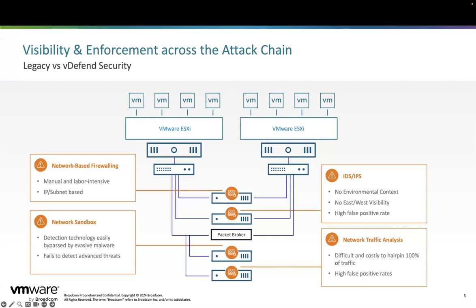And then finally, network traffic analysis, again using physical devices, is often difficult and costly to hairpin 100% of the traffic. So it's not an in-band type of inspection or enforcement. It's more an add-on to the architecture, and the NTA often results in high false positive rates.